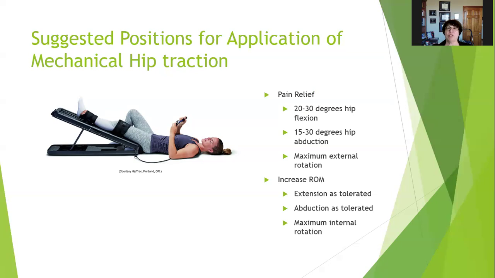To increase range of motion in the hip, extension as tolerated, abduction as tolerated, and maximum internal rotation. So hip traction is something that is sometimes used, and this is a picture of a specific device that's used for hip traction. You can do it manually as well, and that's probably more common.